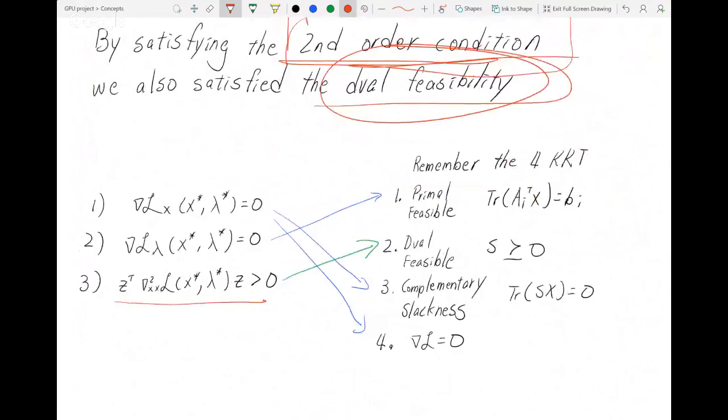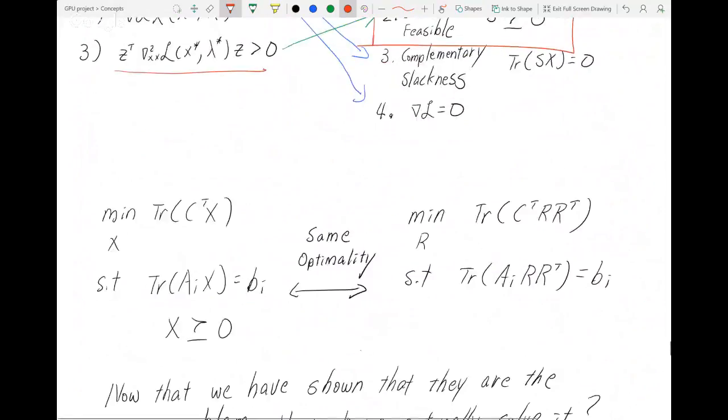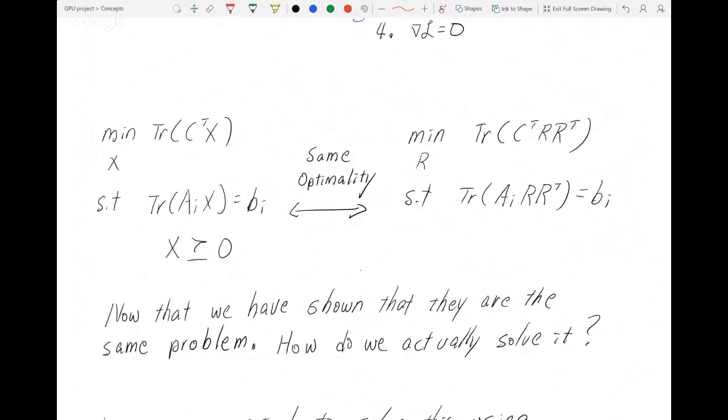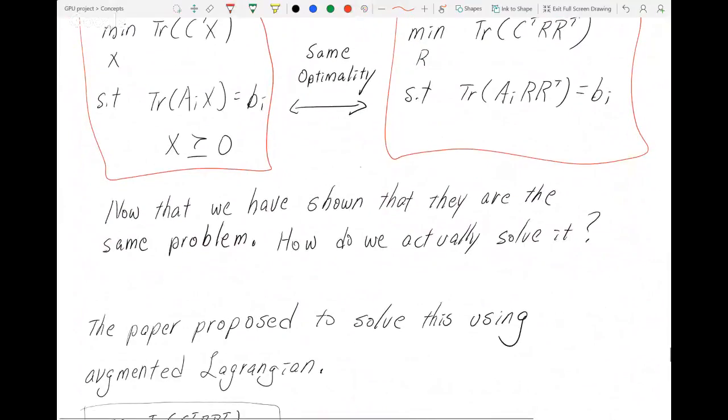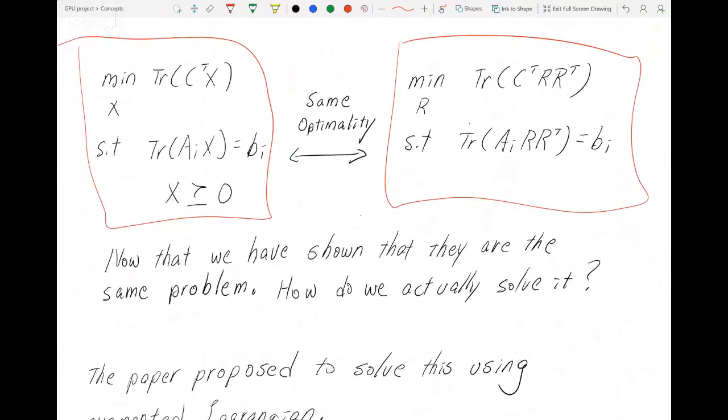And in this chart, it basically shows that different things that we write out satisfy different conditions. So we have basically shown that this problem could be converted into this problem and that they have the same optimality condition. Now that we have shown that they are the same problem, how do we actually solve it?